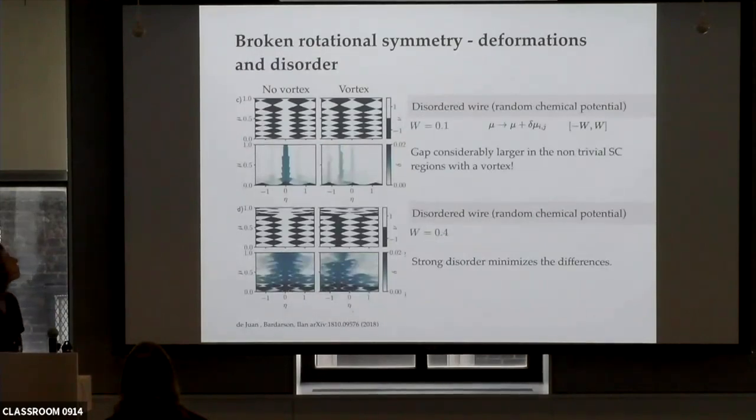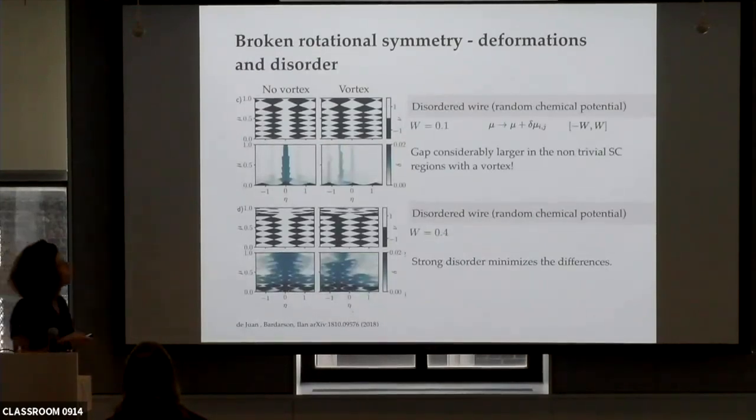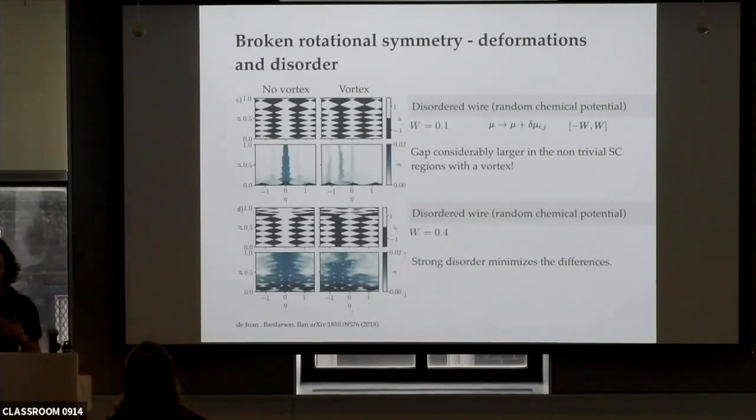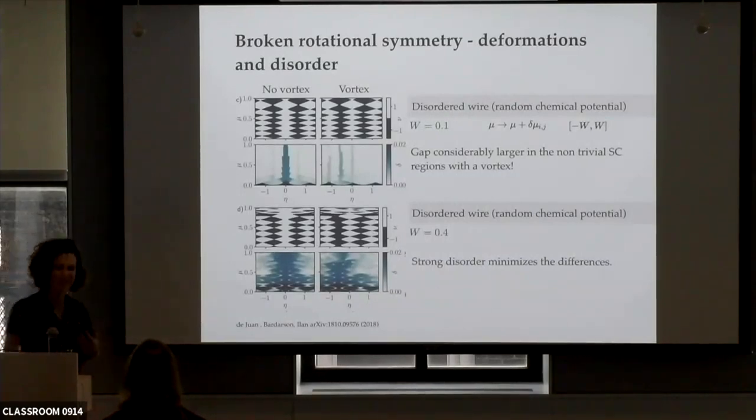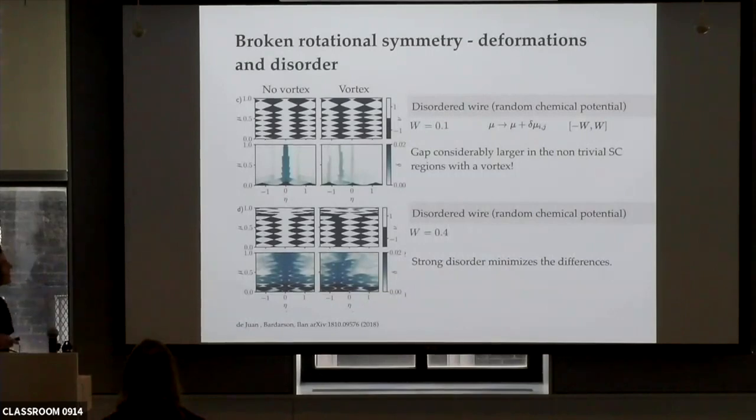And now what I'm going to do is talk about disorder. Okay, just plain disorder, nothing funny. And the way we introduce disorder into this model is by introducing a random chemical potential. So this is some random chemical potential drawn from some uniform distribution, and we look at two strengths of randomness. So the strength of the disorder here is small, which means that you can still talk about angular momentum. It's a good quantum number, but not entirely.